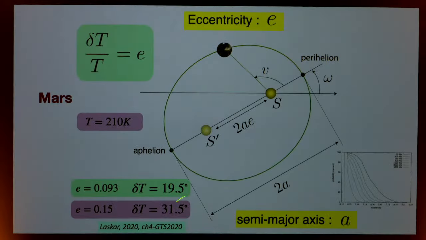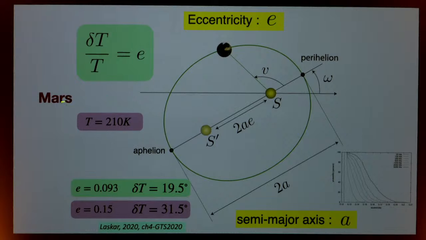So let me remind you what eccentricity is. But you know what the eccentricity of a planet is. The important thing is this formula, which shows that the relative variation of temperature between perihelion and aphelion is the eccentricity. That's for a black body that you would put there.